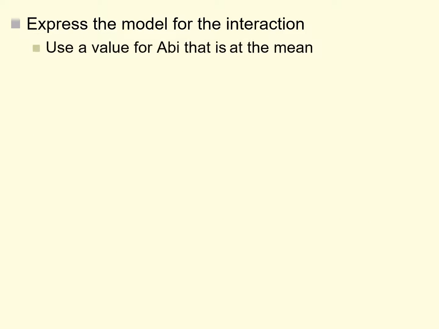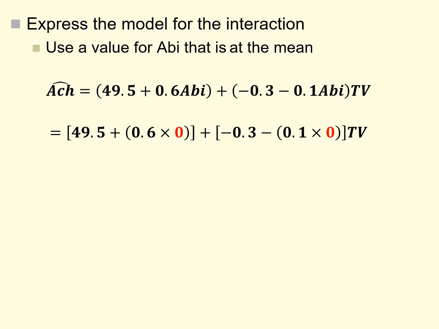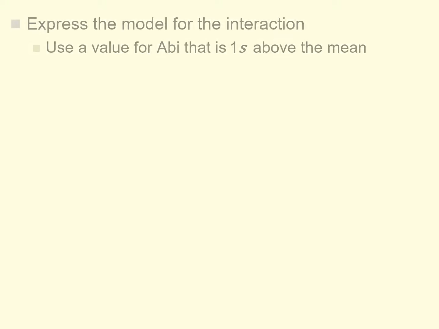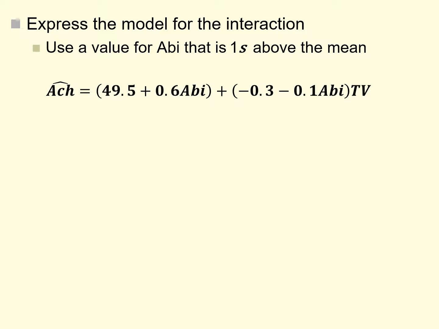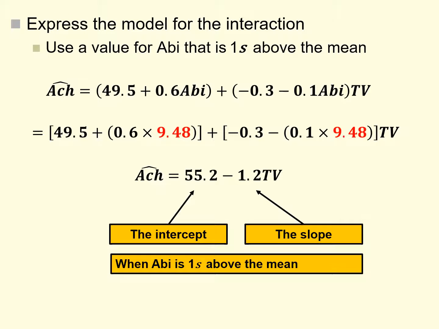We do the same thing plugging in 0, and now we have the model for when ability is at the mean. And finally, we plug in a value for one standard deviation above the mean. We get the model for when ability is at one standard deviation above the mean.